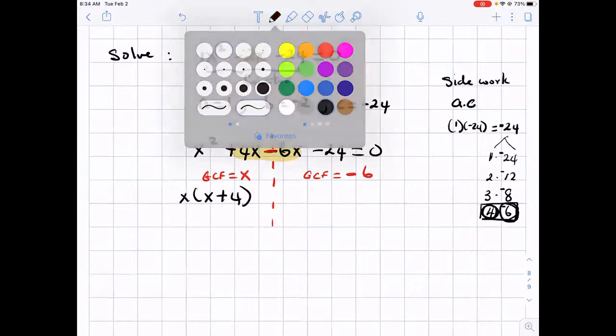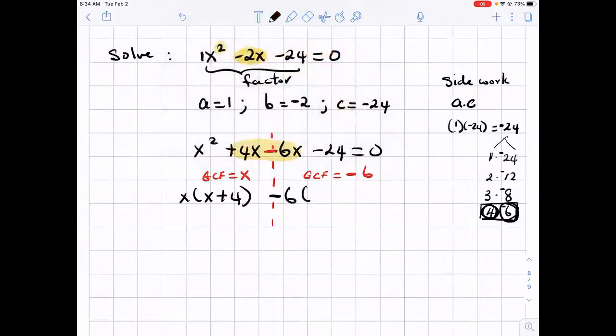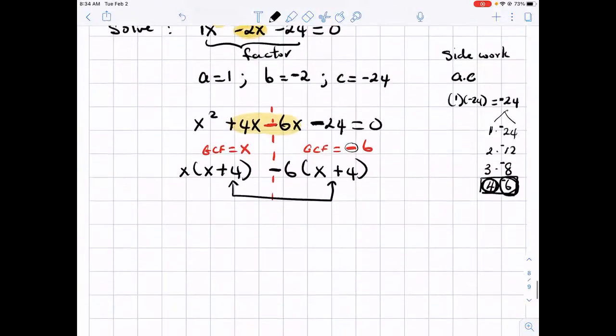So if we take out a minus 6, we have x plus 4. A negative divided by this negative makes it a positive. Notice that my parentheses are the same, so we're okay. And that's also a GCF again. So if you take out x plus 4, you would have x minus 6 equal to 0.